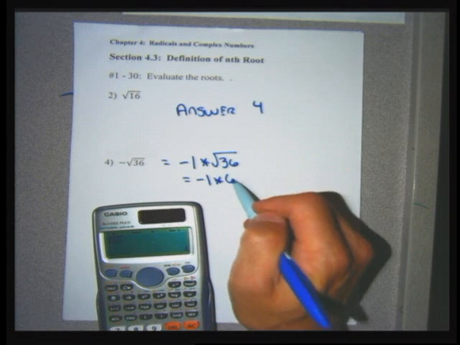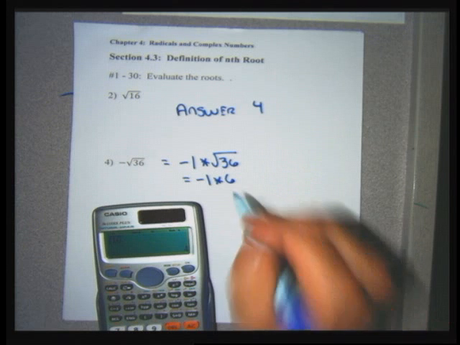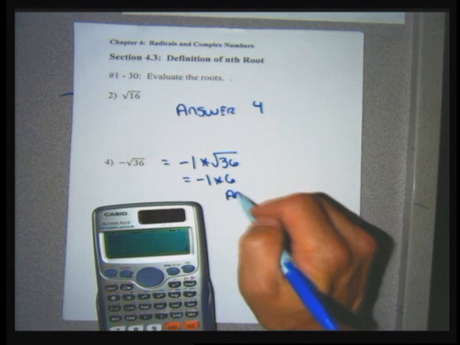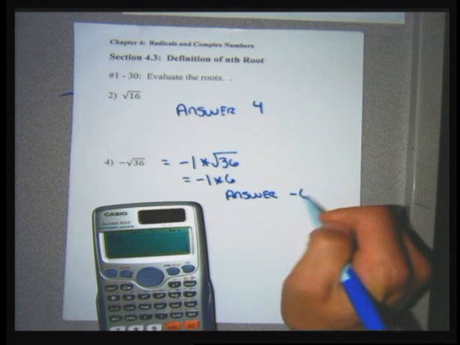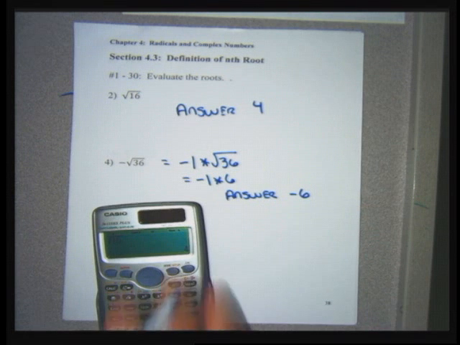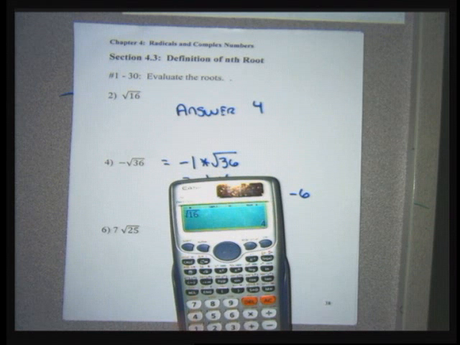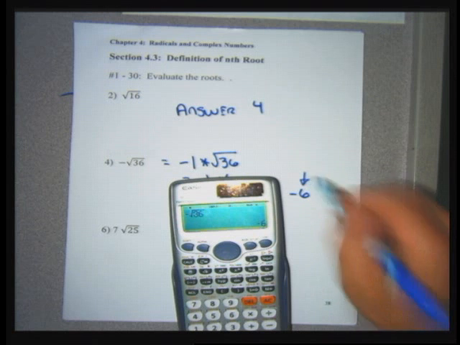I think of it as -1 times 6 if I'm not just resorting to my calculator. And the answer for number 4 is going to be -6. On my calculator, I would just hit the negative in the parentheses, hit the square root key, type the number 36, and my calculator would tell me that my answer that I did without my calculator is correct.